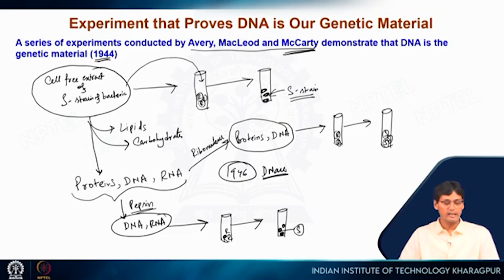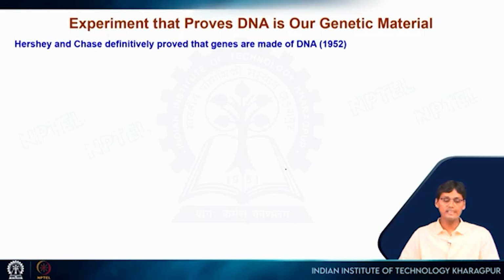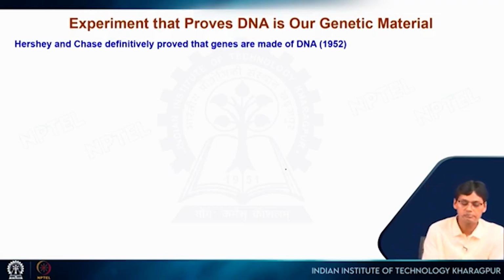But another round of experiments by another group of scientists, Hershey and Chase, definitively proved that genes are made of DNA, in 1952. This was a very exciting experiment, and after it the scientific community agreed that DNA is our genetic material. Briefly, what Hershey and Chase did: they took a phage virus.